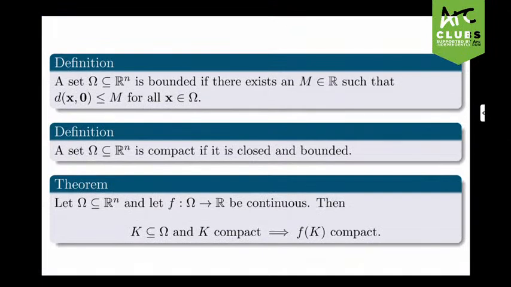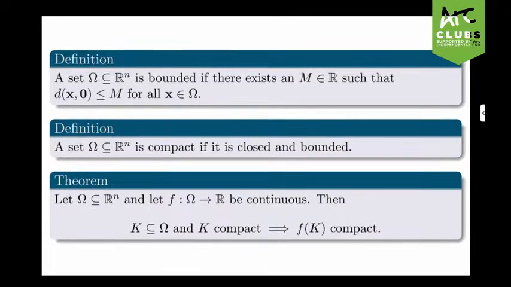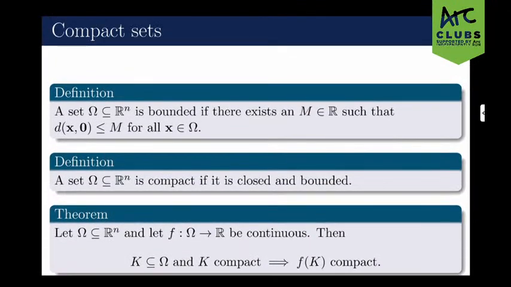Okay, so compact sets. First of all, the definition of bounded. We say that a set is bounded if there exists an M such that the distance from the origin is always less than or equal to M. This just says that no matter what point I have in the set, its distance from the origin is always less than or equal to a certain value.